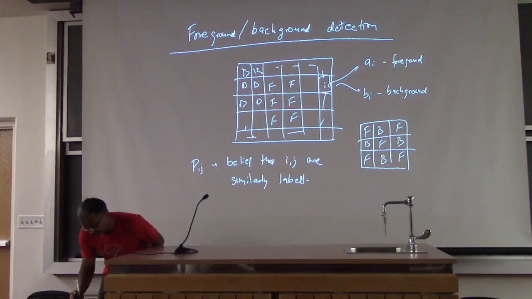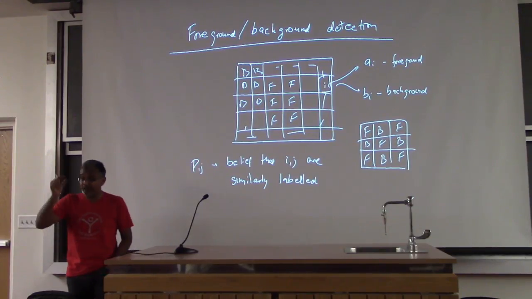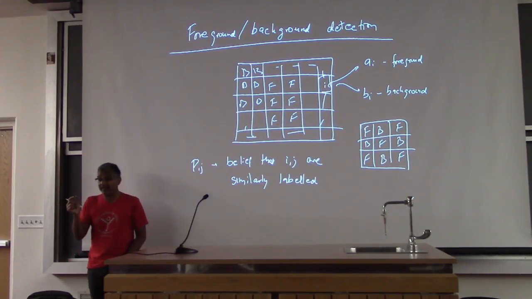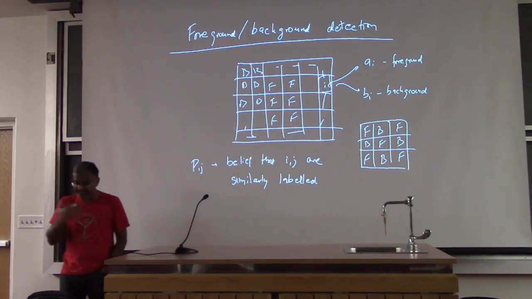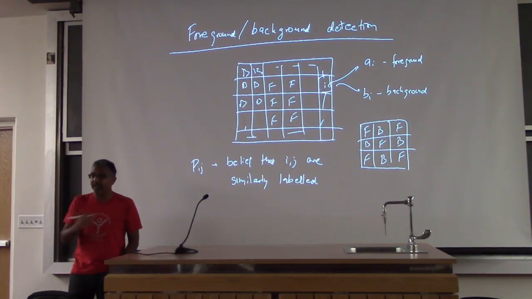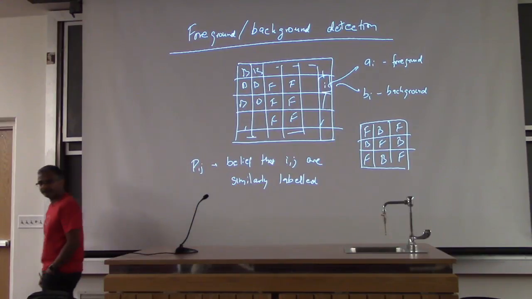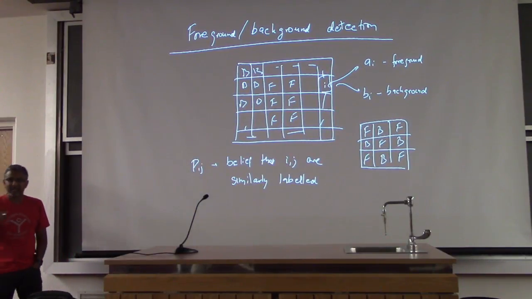Right? So if I strongly believe that two pixels should be similarly labeled, I put that number to be very high. If I strongly believe that they're not similar, I put the number to be very low. So this is the input to my problem. I give you an image, and I give you a_i's, b_i's, and p_ij's. And I say, segment this image into foreground and background.